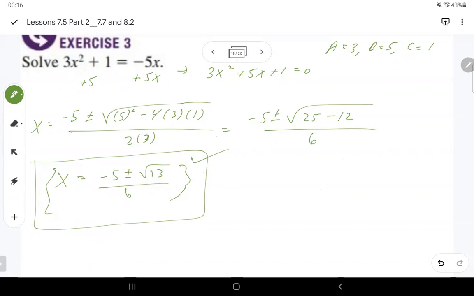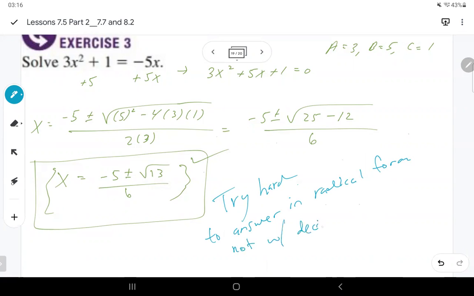So try hard to answer in radical form, not with decimals. Okay.